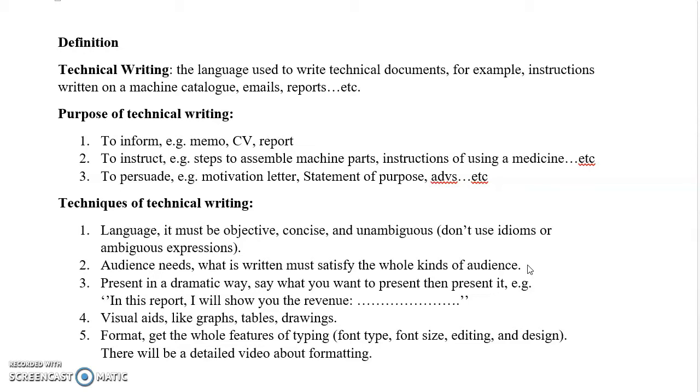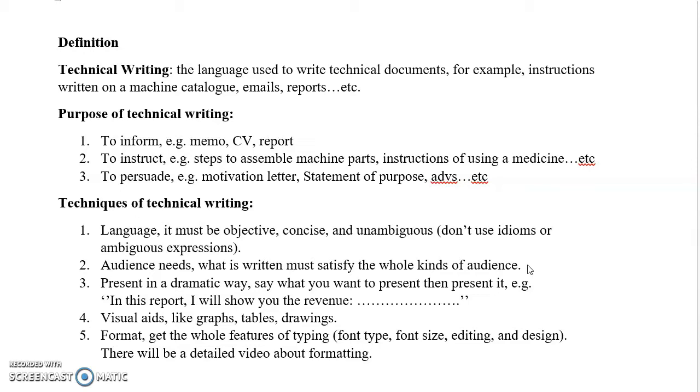So I have to use colors, pictures, and so on. But if I'm dealing with an educated person, I have to go through some references, some books, and so on. But if I am dealing with women, I have to satisfy their needs rather than those of men, and so on.